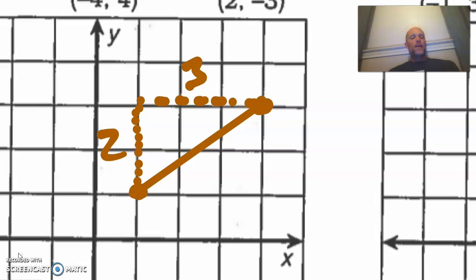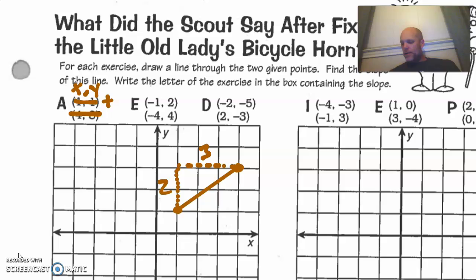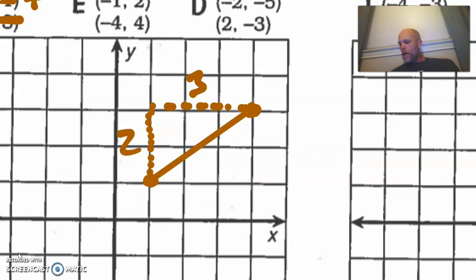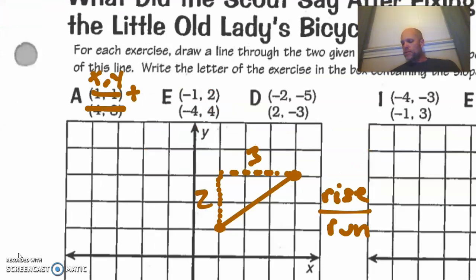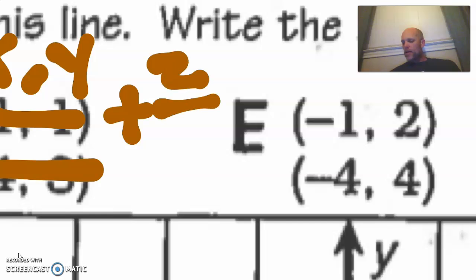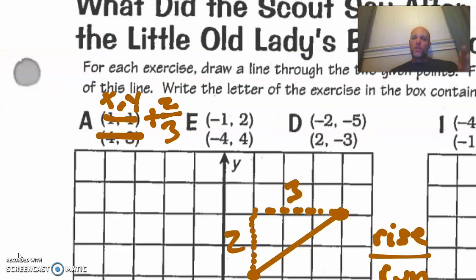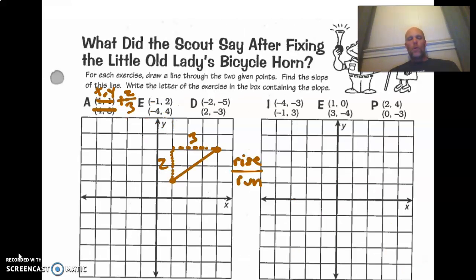So that is rise over run, or the change in y over the change in x. We'll talk about that in our notes. Okay? Rise over run. So it rose 2 and ran 3. So the pitch, or the slope of that, was 2 over 3.